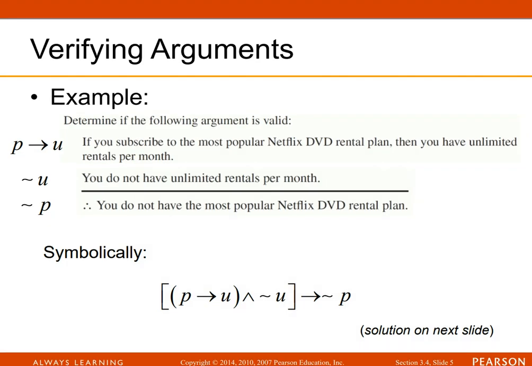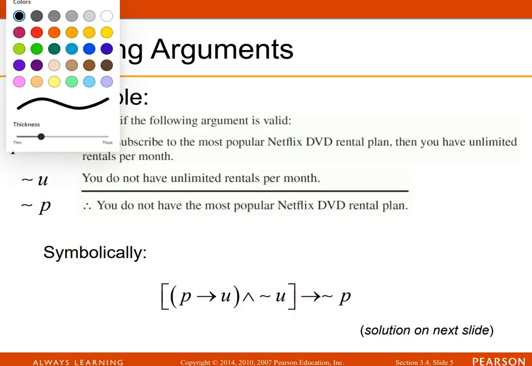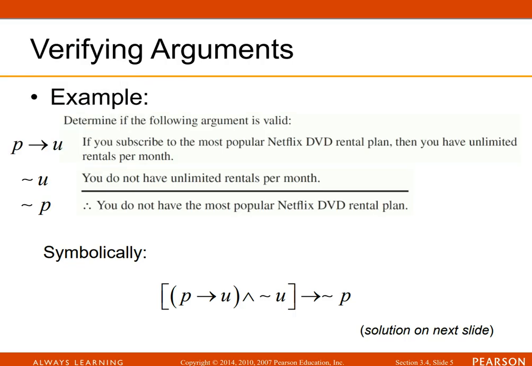Now they've used P and U, and that is bothering me, so I'm going to change the U to a Q, and then down here, the U to a Q. Okay, so when I'm looking at this, it says, if you subscribe to the most popular Netflix DVD rental plan, then you have unlimited rentals per month.